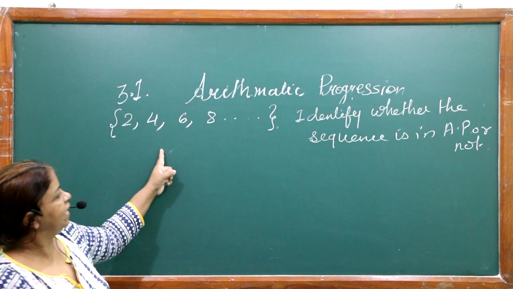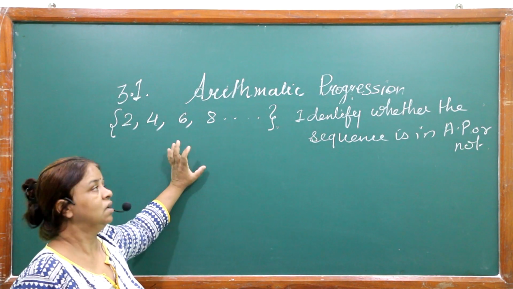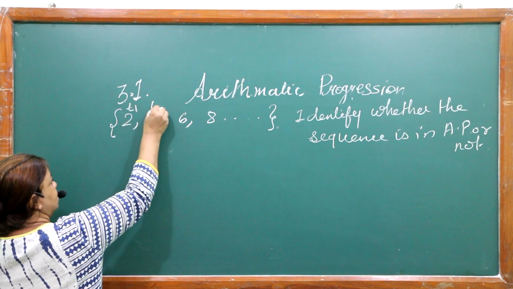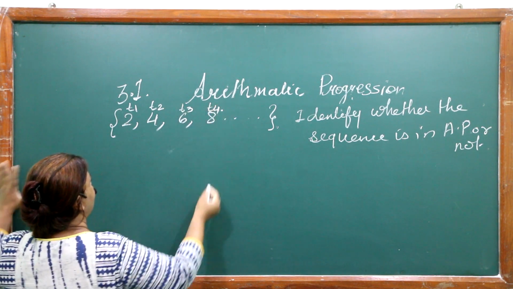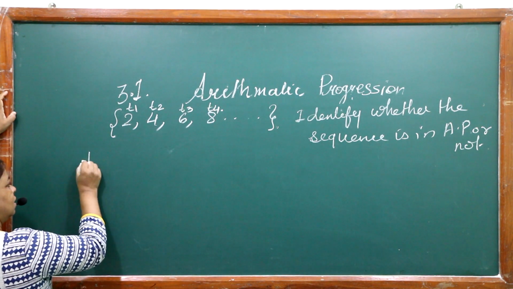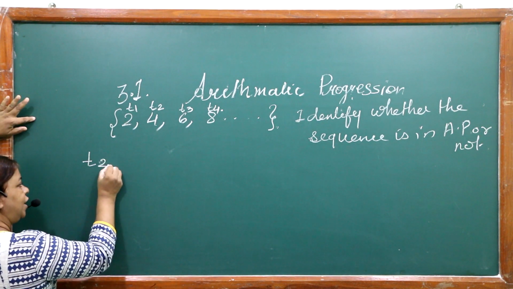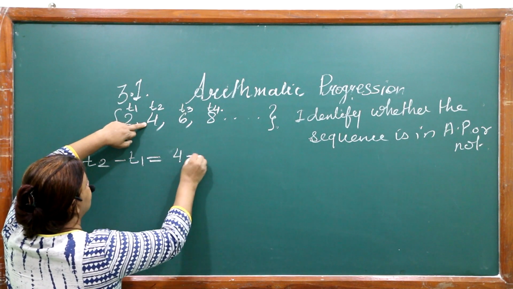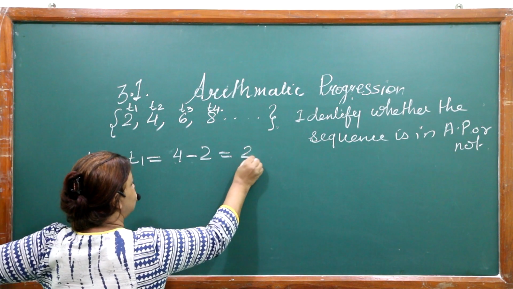So, to find out whether the given sequence is in AP or not, first I'll write down T1, T2, T3 and T4. To find out whether it is in AP or not, I'll do T2 minus T1. What is T2? 4 minus T1, 2. 4 minus 2 is 2.